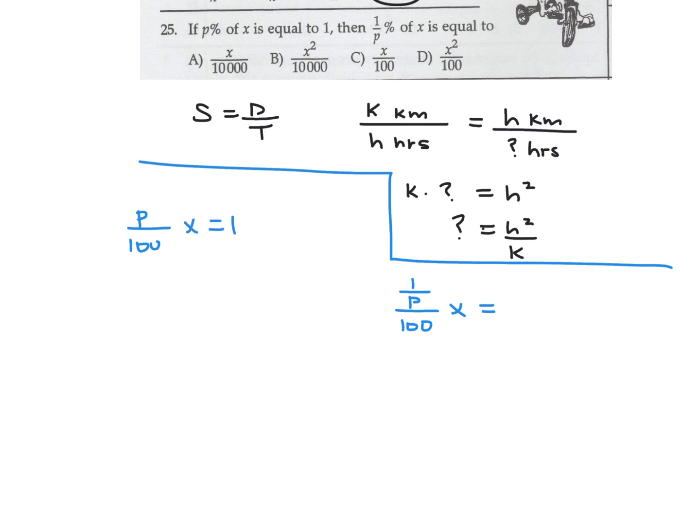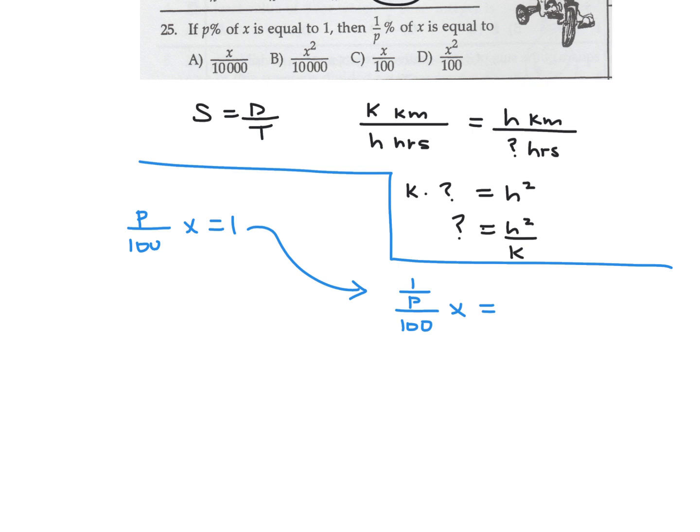Okay, I got it. So somehow we have to modify this to look like this. And how do I do that? Well, I guess I just have to kind of fiddle around with it.